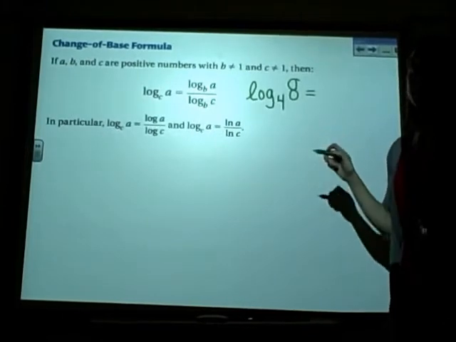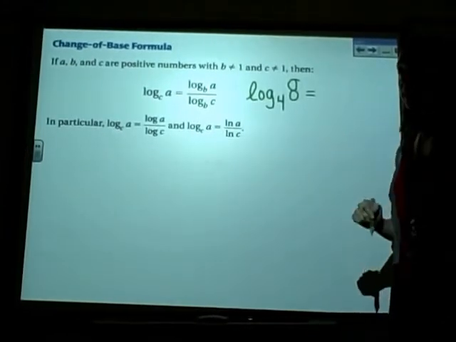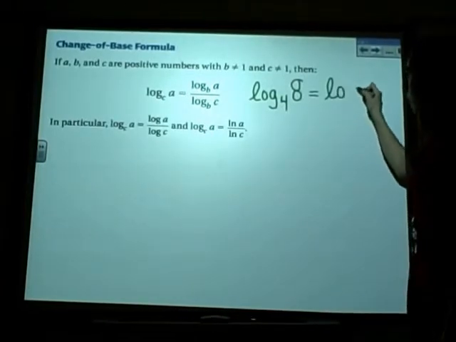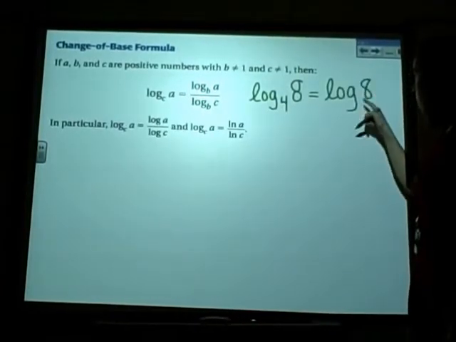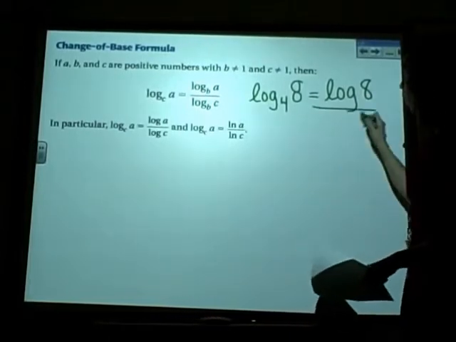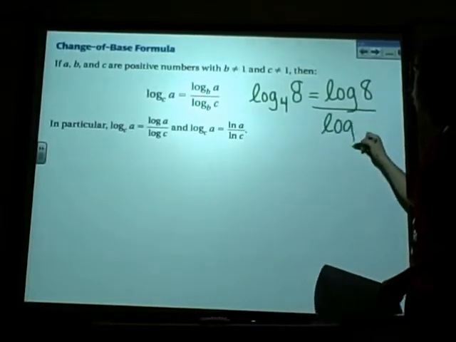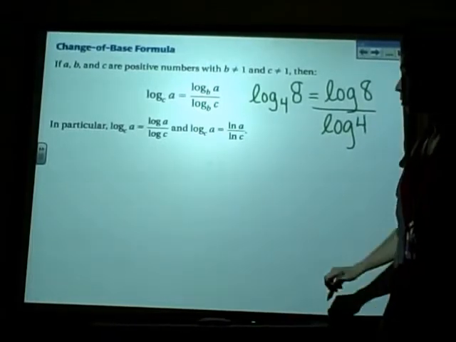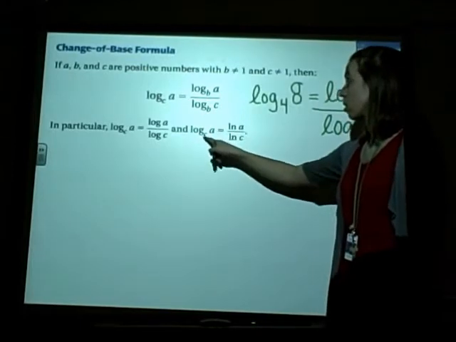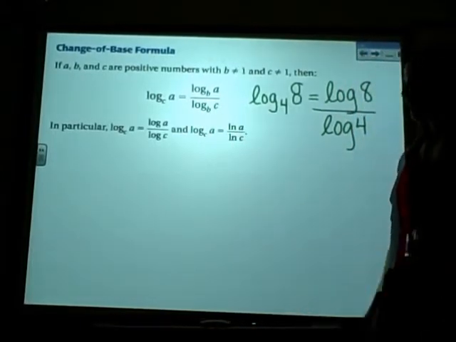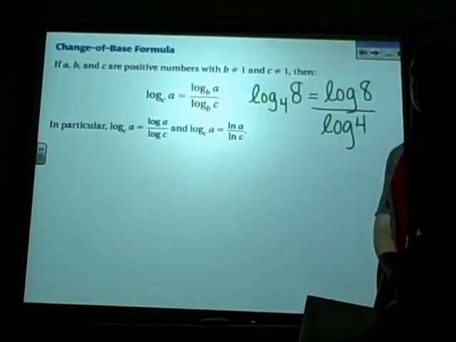And that's going to be a base 10, because base 10 goes in your calculator. We can rewrite that as the log of 8, and you would leave that as base 10, you just make that the base you want, over the log of your original base, 4. And you also can do that to turn a logarithm into a natural logarithm. It just depends on what you're asked to do. And we'll do an example with that next.